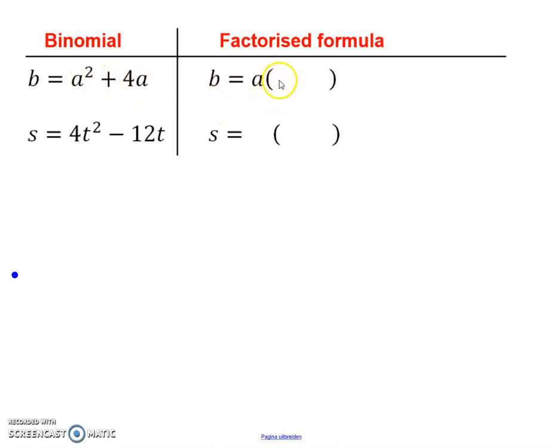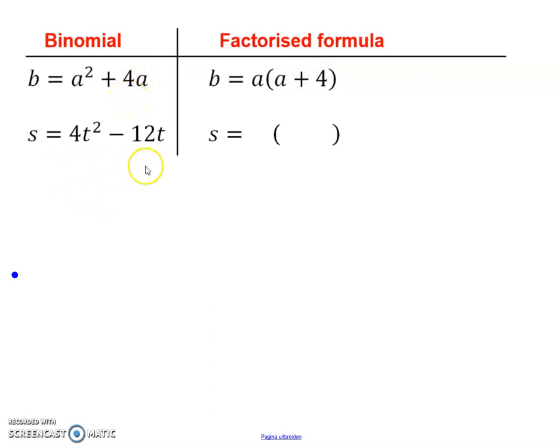So there should be an a over here. Yes, a times a is a squared. A times something should be 4a. So there should be over here a plus and the 4. And again, you can check if you've done this correct. A times a is a squared. A times plus 4 is plus 4a.